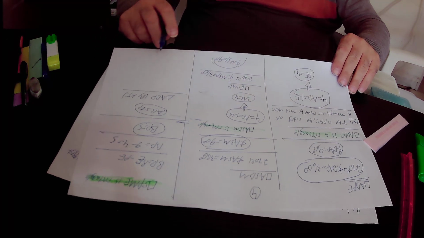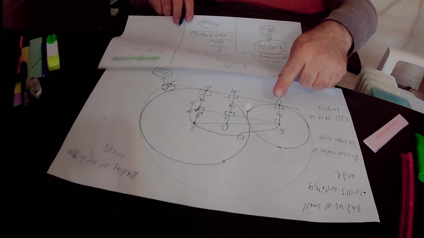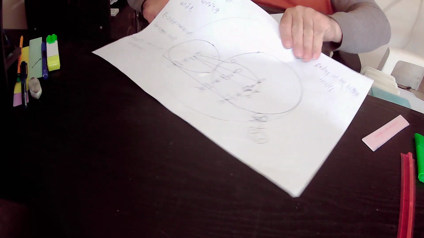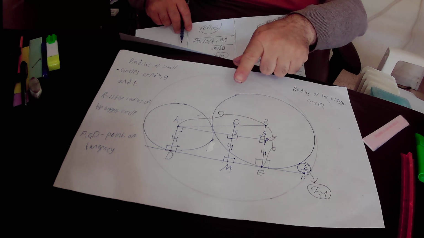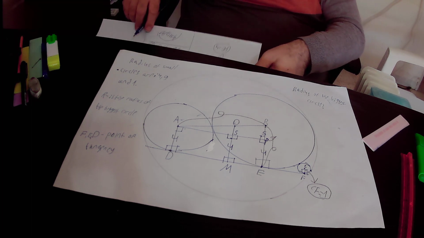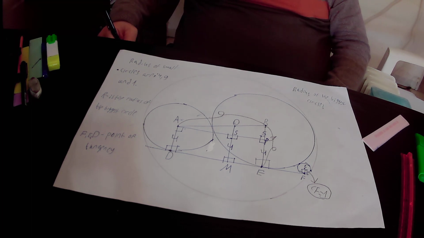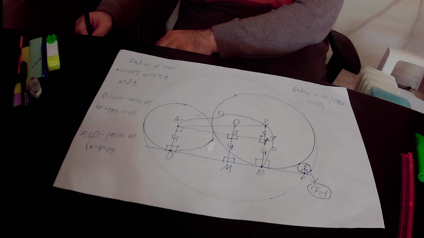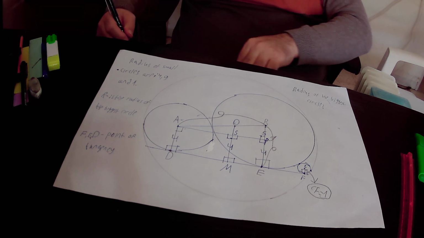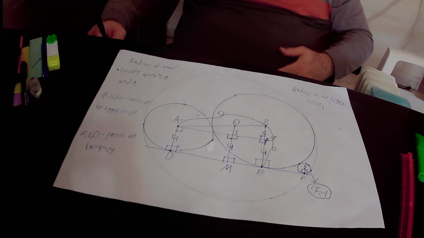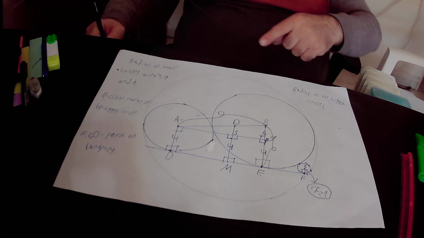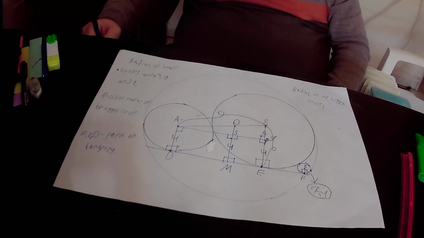So according to the Pythagoras theorem on the right triangle ABP, we will get that AB squared is equal to BP squared plus AP squared.